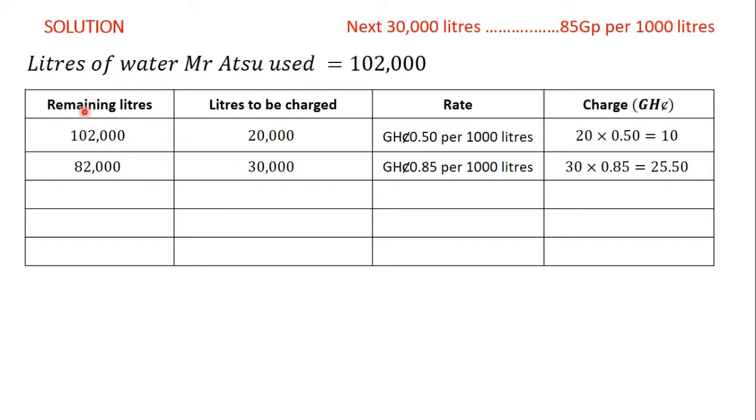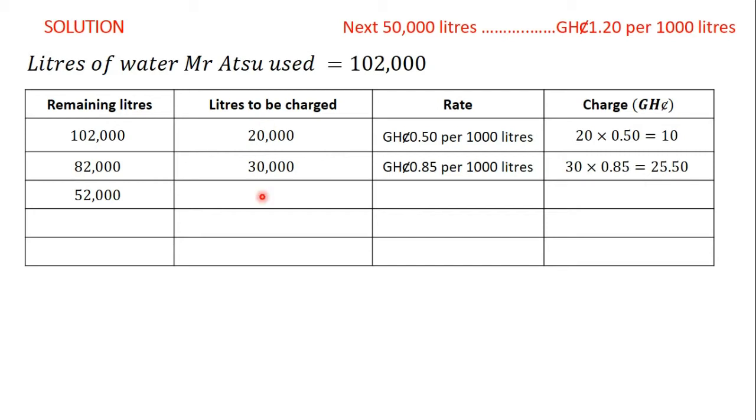Before that, we will have to find the remaining liters, and this will give us 82,000 minus 30,000, and that is 52,000. From the table in the question, we are told that the next group is the next 50,000 liters, and the rate is 1 Ghana cedi, 20 pesos per 1,000 liters.